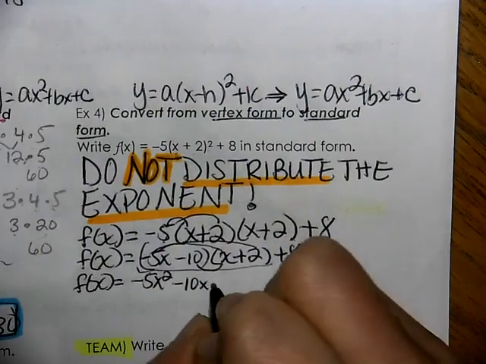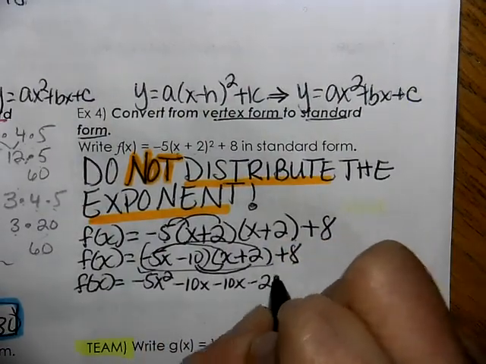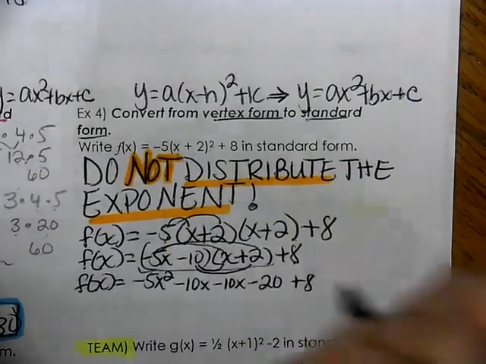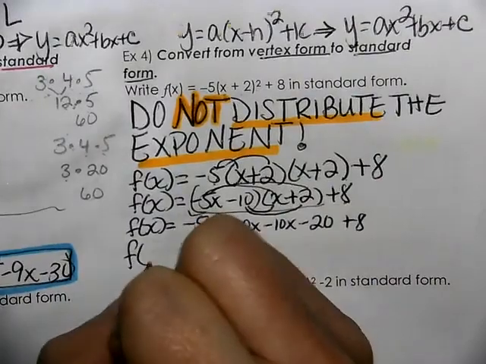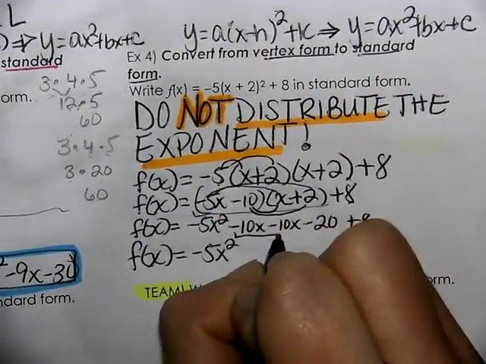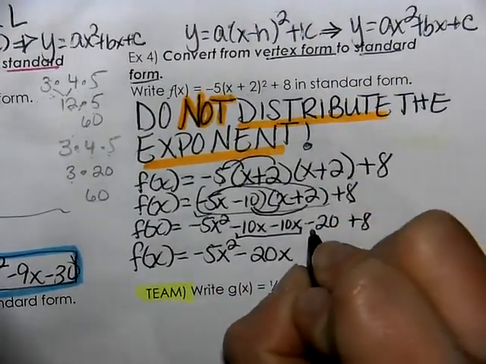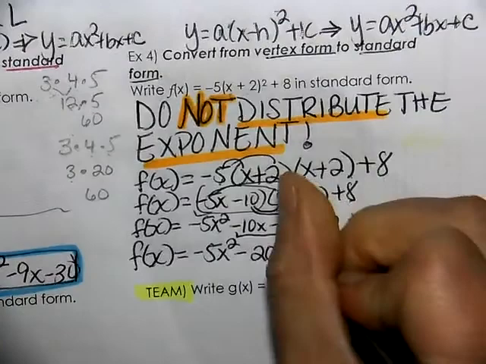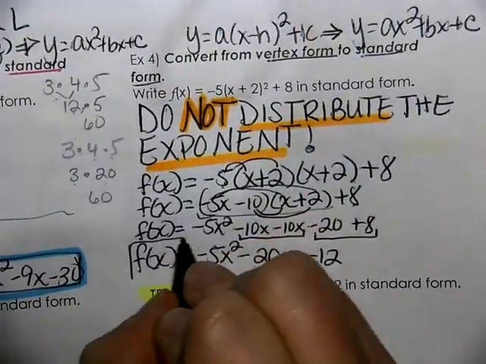Negative 10 times x is minus 10x, and negative 10 times 2 is minus 20, and I'm going to bring down the plus 8. At this step, we need to combine our like terms, so I have negative 5x squared, negative 10x minus 10x is minus 20x, and negative 20 plus 8 is minus 12. There is your answer.